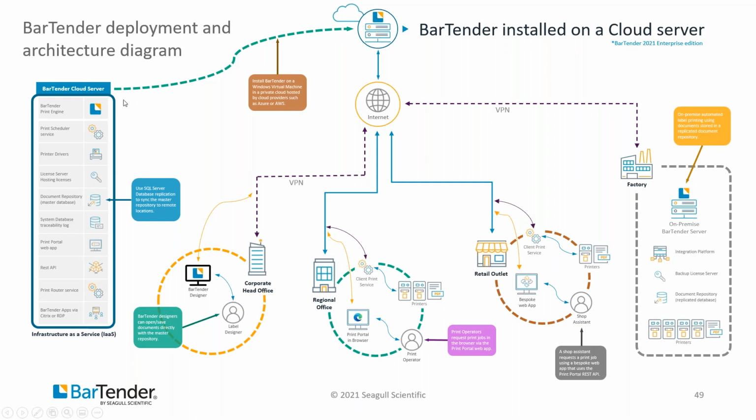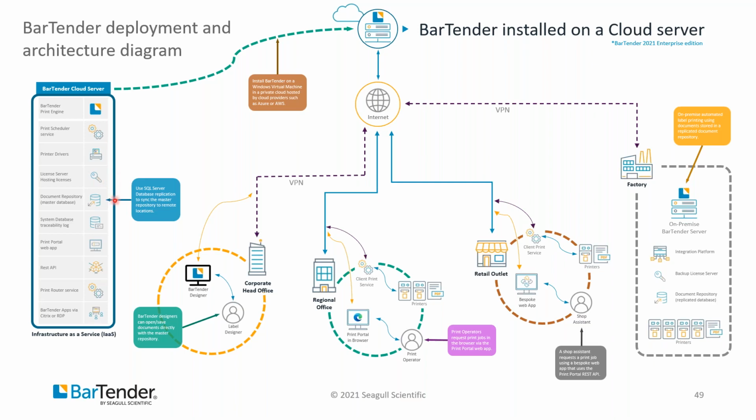On that cloud server, we of course have the print engine for producing print jobs, the print scheduler, which is controlling a collection of print engines, and a set of printer drivers so that the server can produce print jobs rendered in the native print language of the various printer models that need to be supported. It can manage, let's get the laser pointer, a centrally hosted license server.